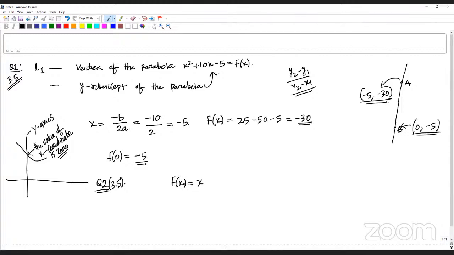This is your x squared plus, so this is your equation of the parabola, this quadratic equation.